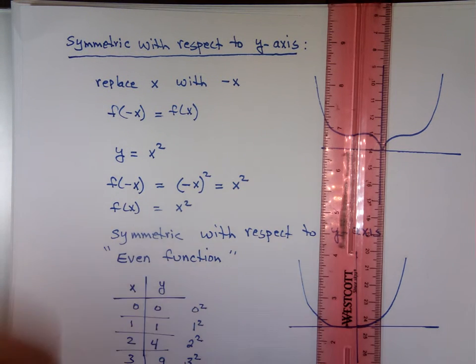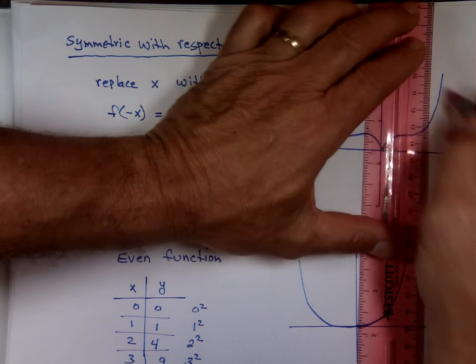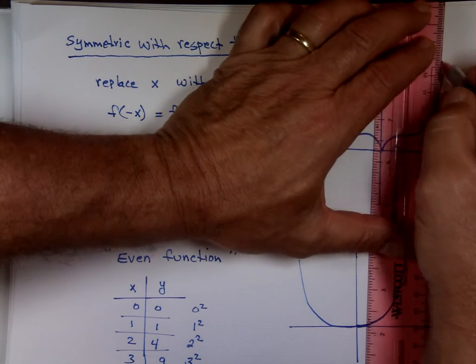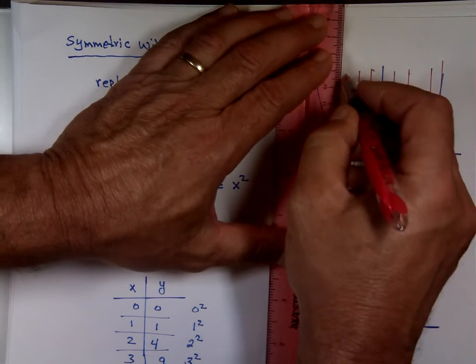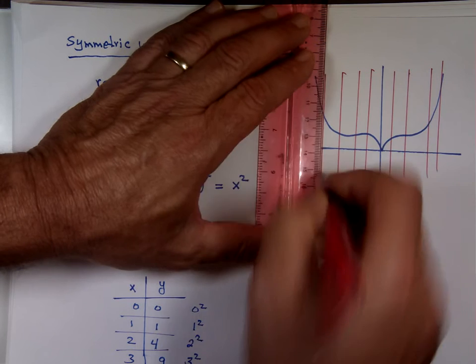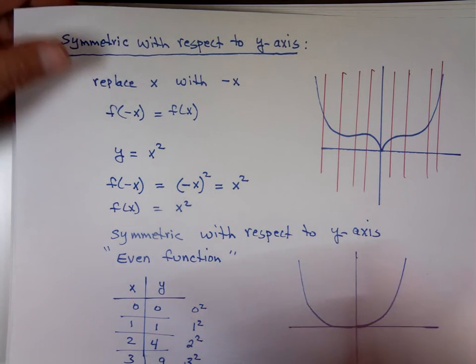So notice, with the vertical line test, all these intersect the graph at how many points? 1. This is a function. I said I was careful with the other one. Symmetric with respect to the x-axis is not a function. But the equation or the graph could be symmetric, but it's not called a function.